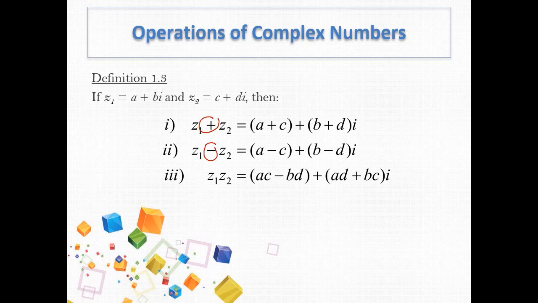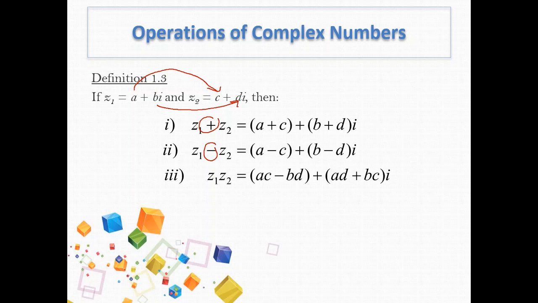So when you want to perform addition, the real part will add with the real part, the imaginary part will add with the imaginary part. So A with C, B with D. You cannot mix the real part and the imaginary part.